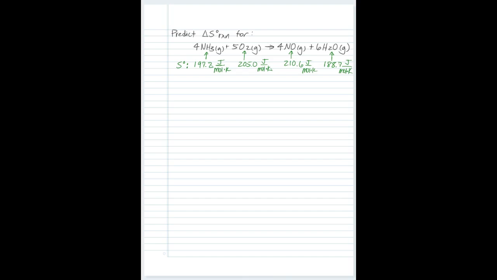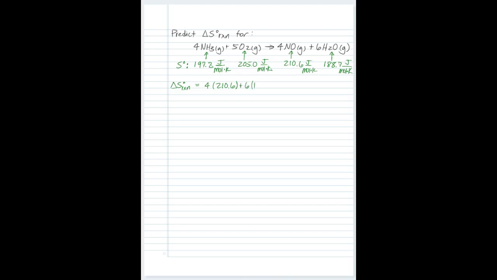Okay, we're going to multiply by all of the coefficients, because the more molecules we have, the more entropy we have. So this is an extensive property, just like delta H is. 4 times 210.6, I'm going to leave out the units for brevity here. You have them up above.